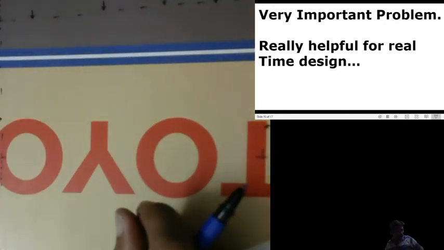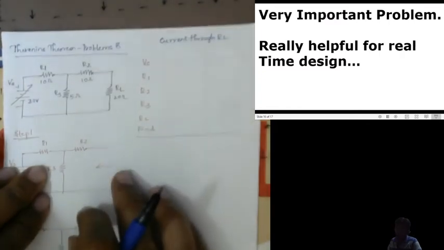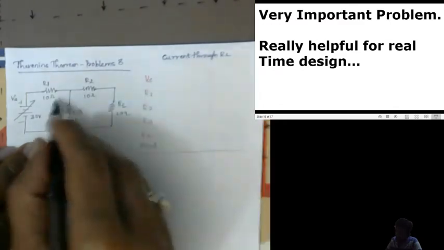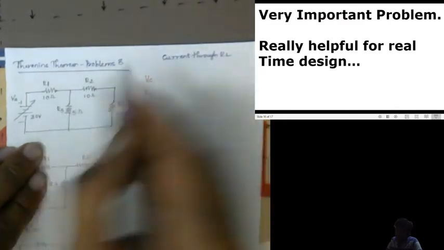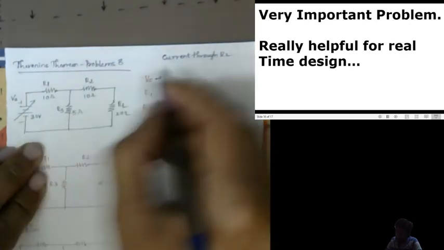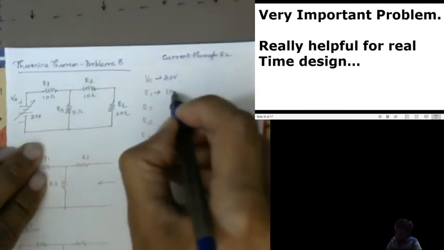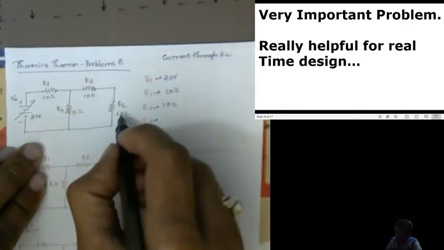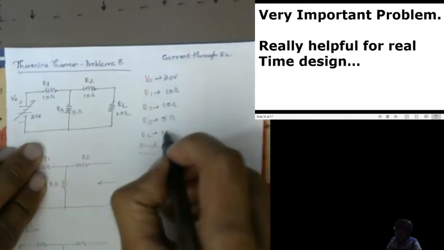The next is in this circuit diagram. All of you must remember the values of the components: Vs is equal to 30 volts, R1 is 10, R2 is 10, R3 is 5, the load is 20.